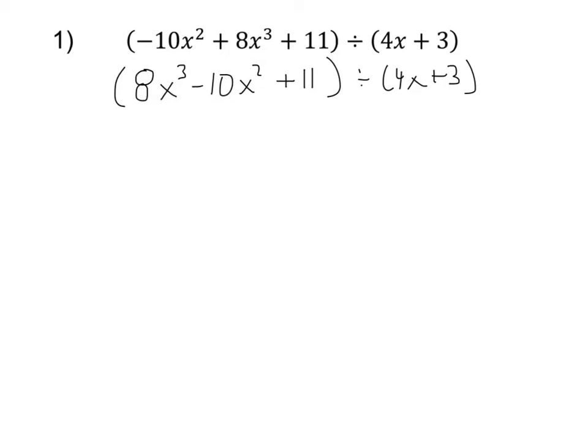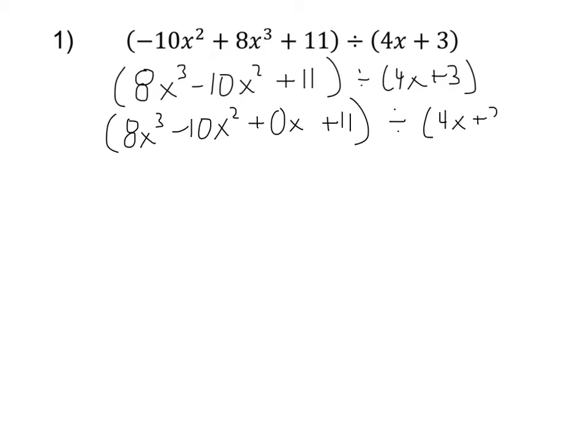When we do our long division, if you have a term that's missing, here's the way I want you to think about it. This first polynomial, we could think of as 8x cubed minus 10x squared plus 0x plus 11 being divided by 4x plus 3.